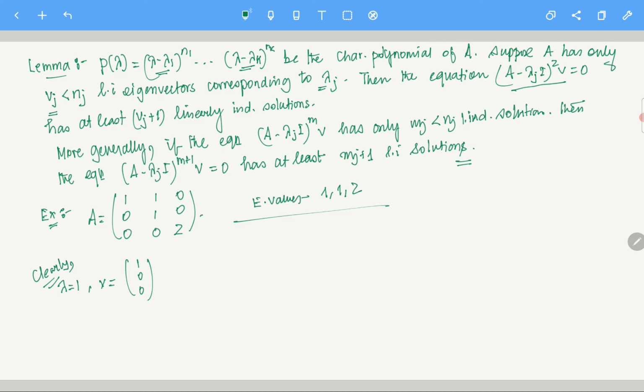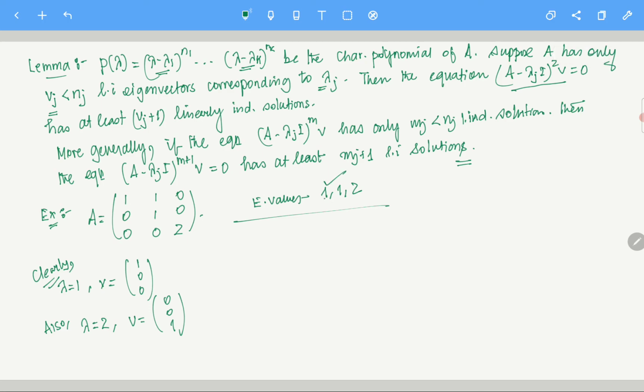Corresponding to 2, if you take lambda equals 2, you can of course choose a v which is given by (0, 0, 1). For lambda equals 1 you have one eigenvector, and for lambda equals 2 you have another eigenvector, and of course they are linearly independent. Now this is a 3 by 3 matrix, so you need to find 3 linearly independent eigenvectors. How do you find it?